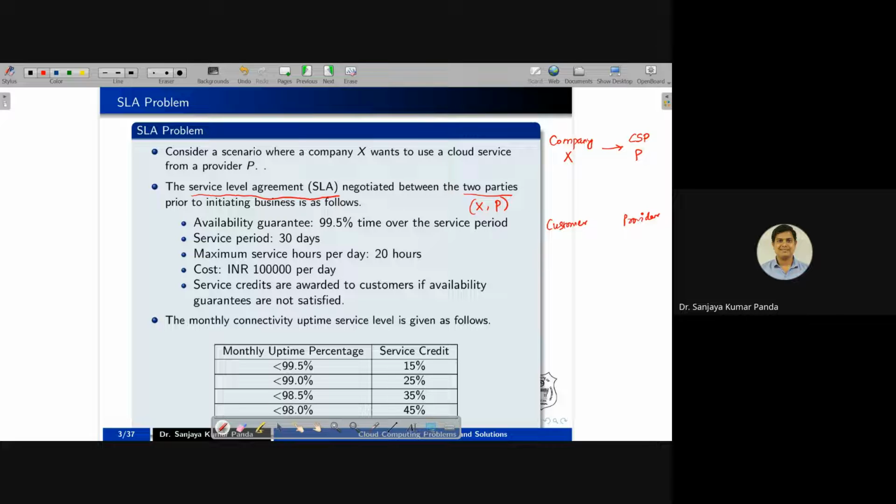Any type of service you want to use, first you need to agree to the terms and conditions. For example, if you want to install a particular software, all the software has certain terms and conditions. Unless you agree to them, you are not allowed to use that software.